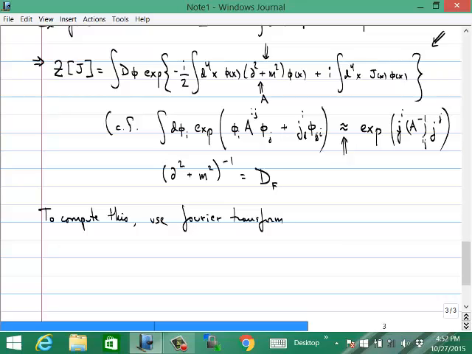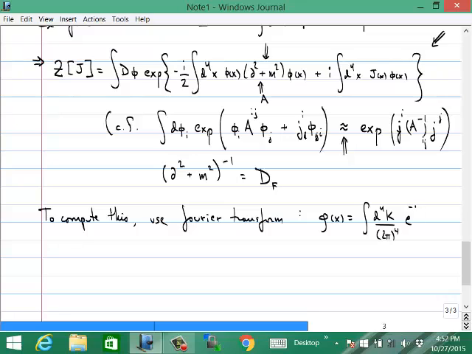Well, what do I mean by that? Let's see. What I want to do is take our field variable phi, and instead of thinking about the field variable in position space, I want to think about it in momentum space.